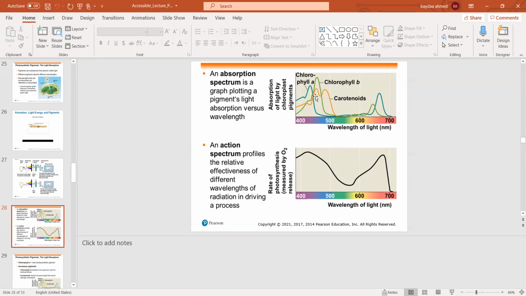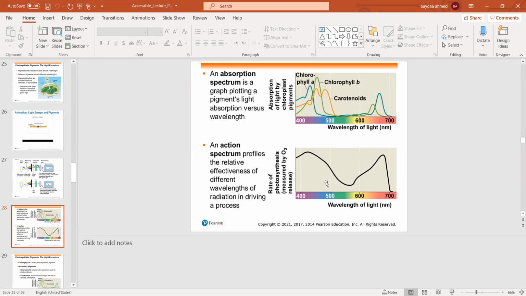That means the violet, blue, and red lights work best for photosynthesis since they are absorbed, while green is the least effective color. This is confirmed by an action spectrum for photosynthesis, which profiles the relative effectiveness of different wavelengths of radiation in driving the process.